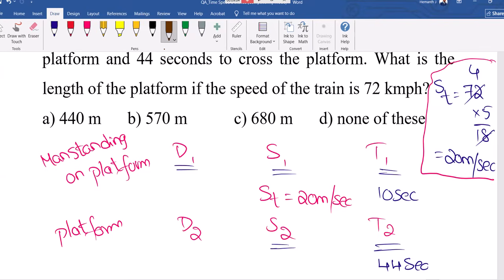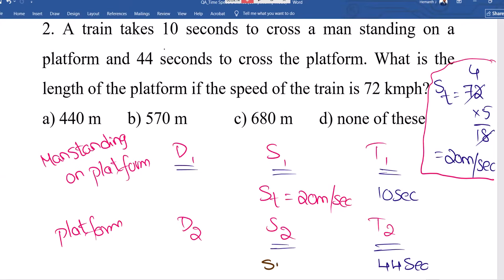What is the speed? So speed is nothing but 20 meters per second, because the platform is stationary, only the train is moving. Right? So fine. Now what about distance?